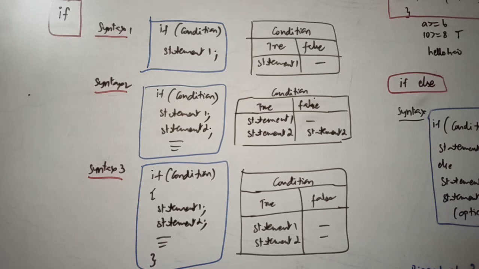Statement 2, statement 3 and so on will be executed even if the condition is true as well as false. In syntax 3, as all the statements are placed within braces, all the statements will be executed only once the condition is true.